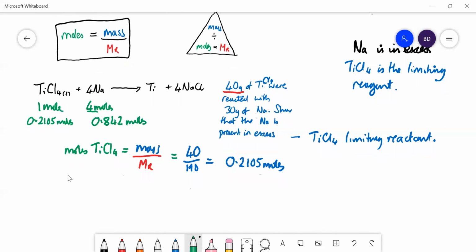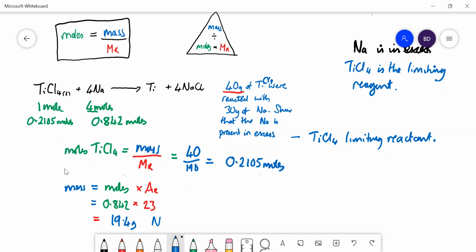Rearranging our equation, mass is equal to the moles times by the Mr, the Ar really, because it's sodium, the atom. Relative atomic mass. So the moles is 0.842 and the atomic mass of sodium is 23. That is equal to 19.4 grams.